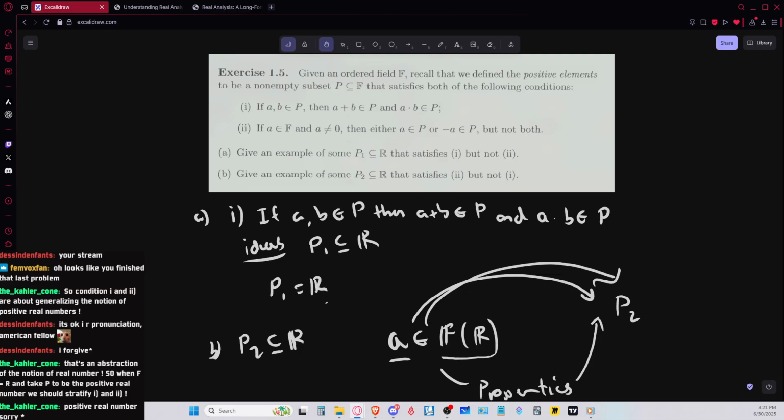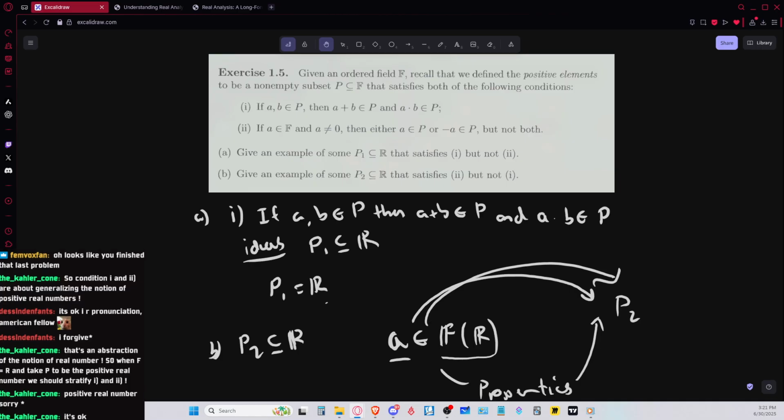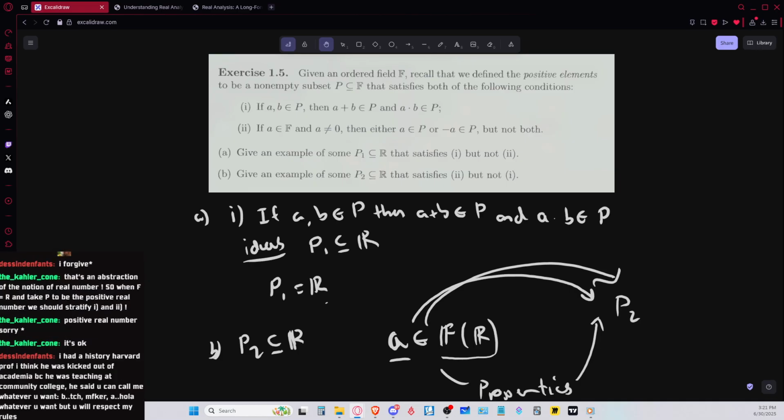Hopefully my slowness doesn't agitate you, Sascha. Take P to be a positive real number would satisfy. Fraction of positive real numbers.